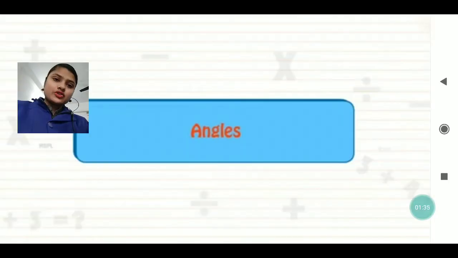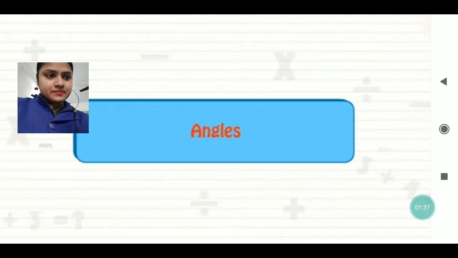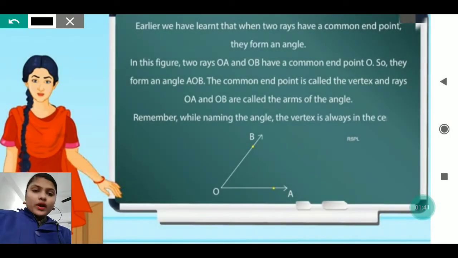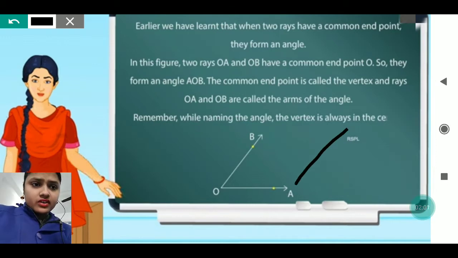Okay, so the protractor should be with you to do this exercise. This one is today's topic: angles. See what is written. Earlier we have learned that when two rays have a common endpoint, they form an angle. Suppose this one is one ray and this one is another ray.